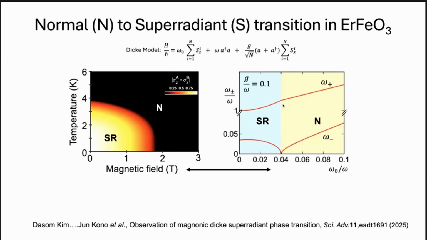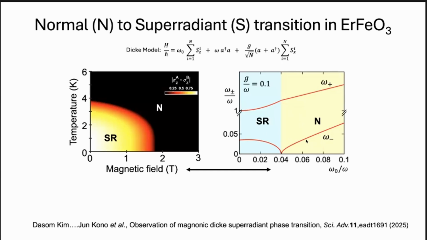What I've shown here is motivated from this experiment, where in the effective Dicke model that this material realizes, the coupling between the bosonic modes and the spins, g, is fixed to be some number, 0.1 omega. The x-axis tunes the ratio between these two excitation frequencies, omega and omega naught.